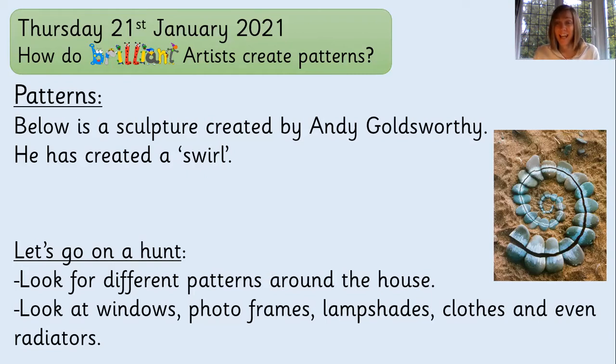Remember, a pattern is something that is repeated over and over again. So it's a design, something that's full of decoration, decorative, and it is repeated. So are you ready to go on your hunt? I want you to go and explore and find as many things with a pattern on it. Off you go.